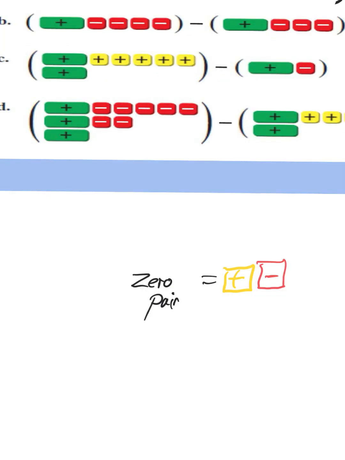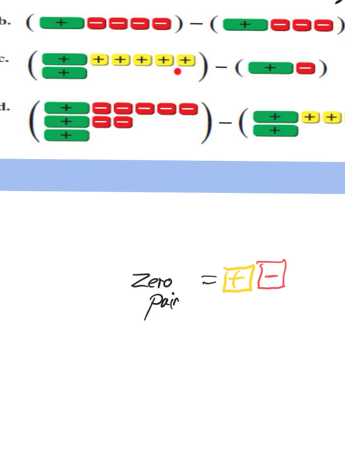Let's look at letter C. Now on letter C, this is what we have. We have 2 x's and we have 5 1s. What we want to do to this is take away 1x, but we want to take a negative away, and we have a problem. There is no red negative 1 over here. So a lot of you probably remember this from integers earlier this year.